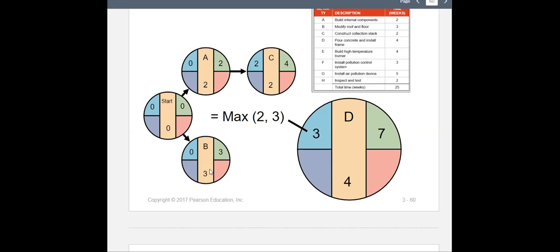So D has to wait for B to complete as well. So which one goes for the earliest start of D? The one that is higher or takes more time. Which one takes more time, A or B? B. B has 3 weeks, so 3 goes here. Why? Because it takes more time, right? So D has to wait 3 weeks until A and B both complete, and then we can start D. So 3, and then D takes 4 weeks, so 3 plus 4 is 7. 7 weeks to complete D.